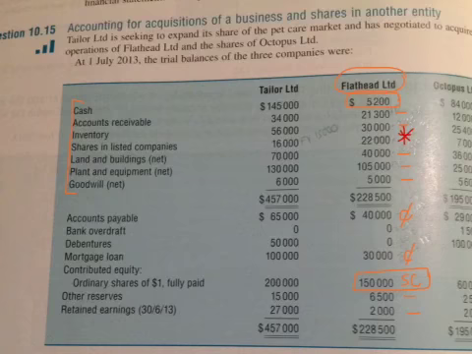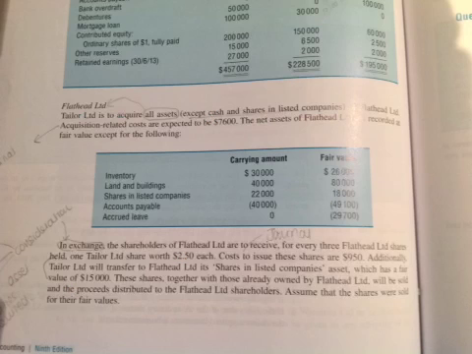If we read a bit further, we get information about the arrangement with regards to the acquisition and the subsequent liquidation. So Taylor Limited is to acquire all assets except cash and shares in listed companies.